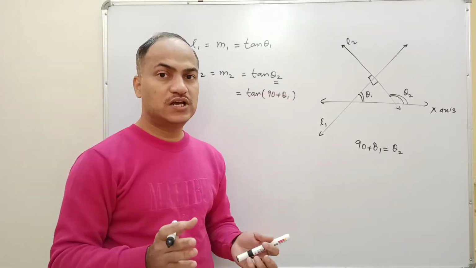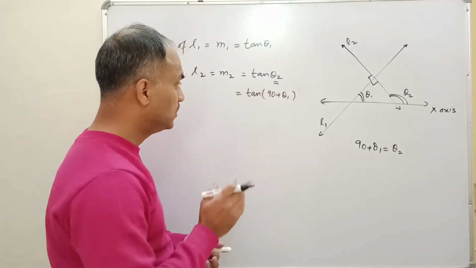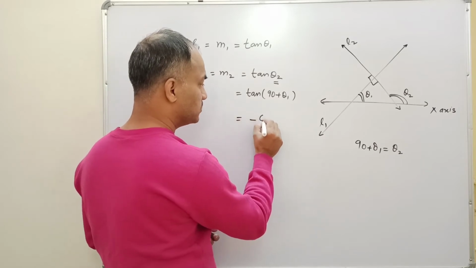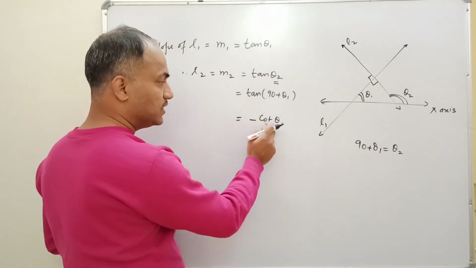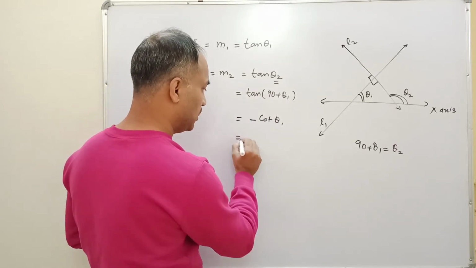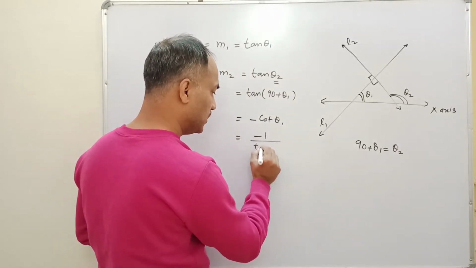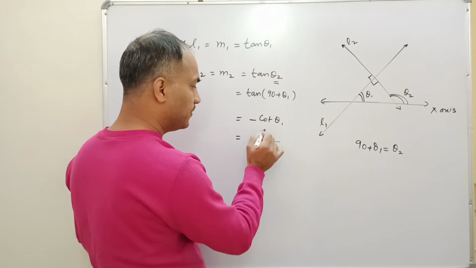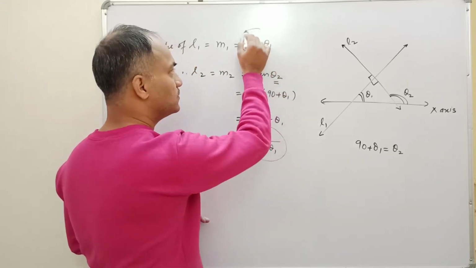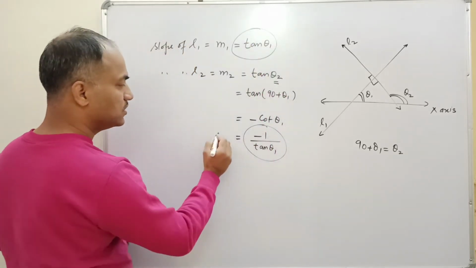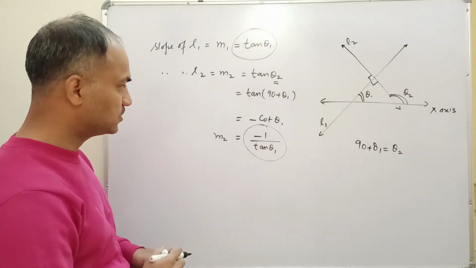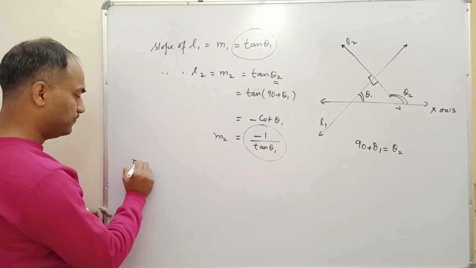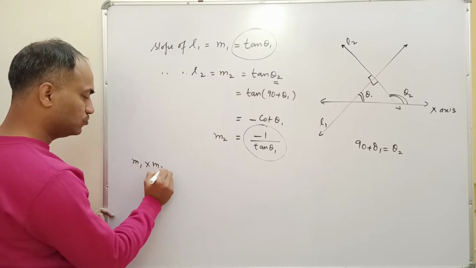And what is tan(90 plus θ)? This is minus cot θ. Okay, so minus cot θ आ रहा है हमारे पास वैल्यू, and this is minus 1 upon tan θ1. अब कंपेयर कीजिए इस स्लोप को और इस स्लोप को. ठीक है, this is M2 and this is M1. If we multiply M1 and M2, what we get?